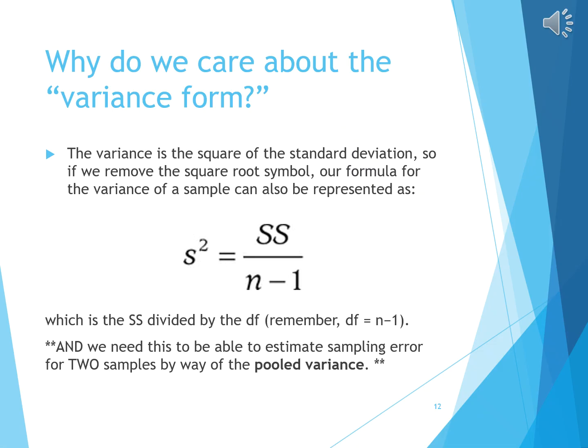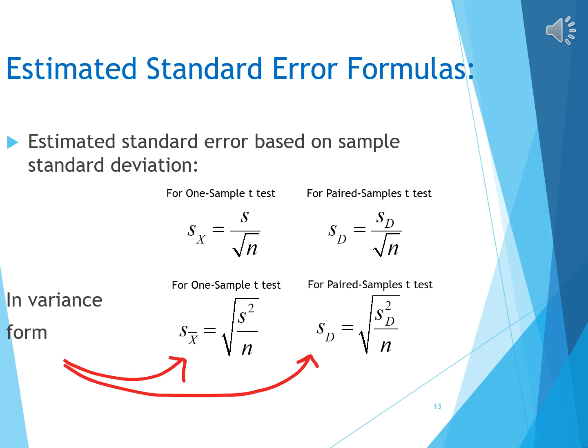The way they do it is not using standard deviation, but using variance. So just trying to get you used to this idea, even though standard deviation and variance are immediately related, because you just square standard deviation to get variance, or take the square root of variance to get standard deviation. These calculations work a lot easier if we use variance. So let's see what that looks like soon.